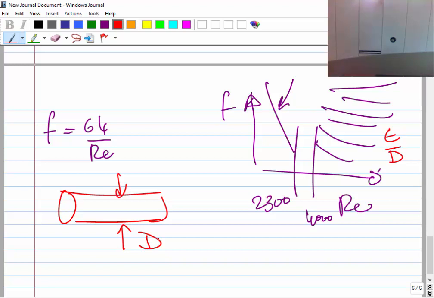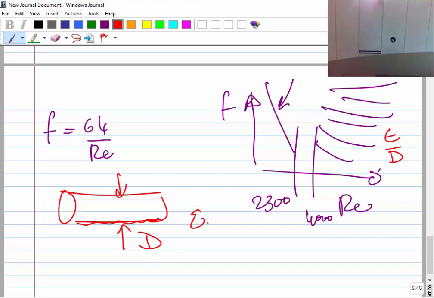Is the pipe concrete? Is the pipe cast iron? Is the pipe stainless steel? Is it stainless steel and forged? All those different pipe types. You get the material, and you figure out what epsilon is.